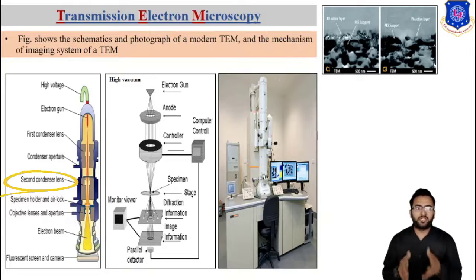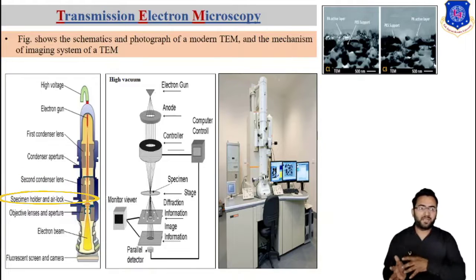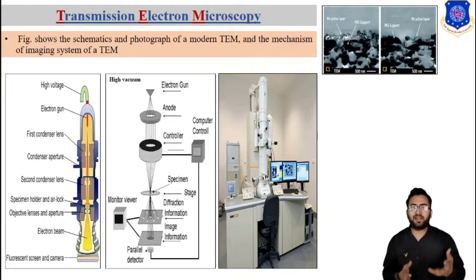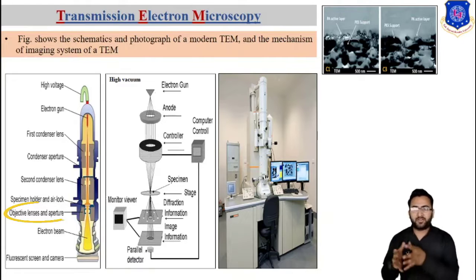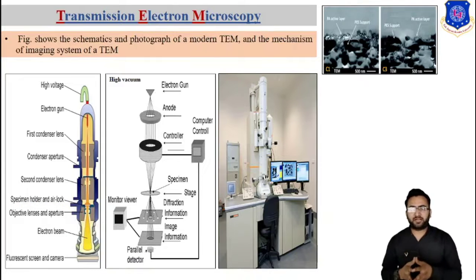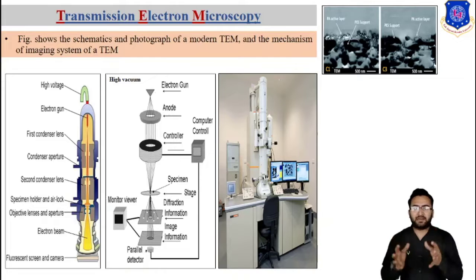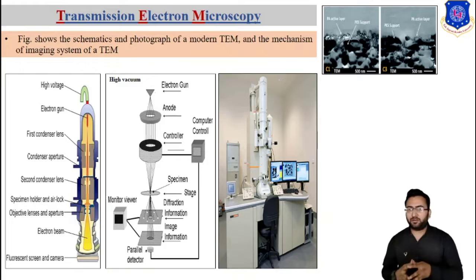Then we have the specimen, your membrane material or any polymer, and the beam passes through the objective lens, then the intermediate lens and the projector lens, which finally projects the image to the screen. The intermediate and projector lenses help magnify the image produced by the electrons scattered through the specimen.